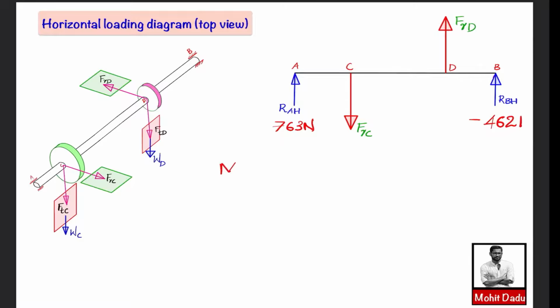With the help of these reactions, you will be evaluating the bending moment at different points for the horizontal, that is MAH, MBH, MCH, and MDH.